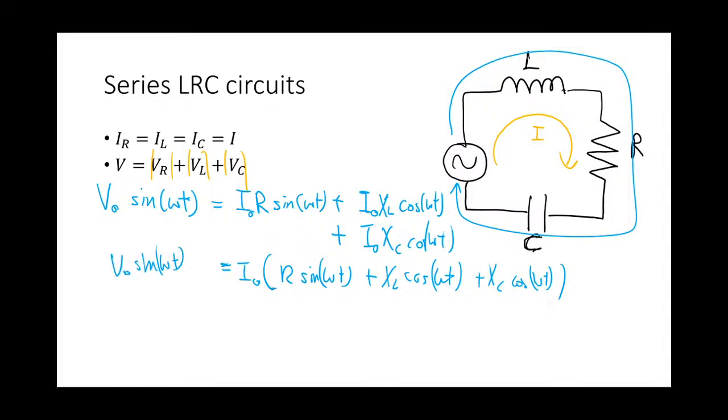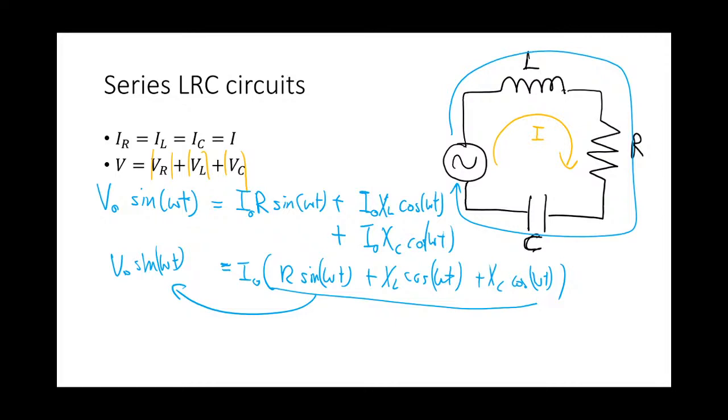And then we take this whole big long thing and divide. So anytime with AC circuit analysis with multiple components, you're going to have to add up a bunch of sines and cosines. And unless you're really, really, really good at trig identities, this can get a little tedious.